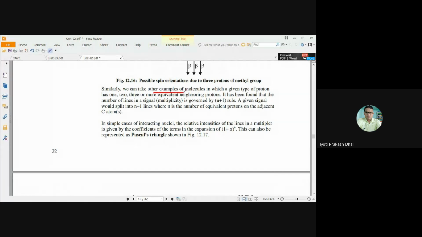Similarly, we can take other examples of molecules in which the given type of proton has one or two or three or more equivalent neighboring protons. It has been found that the number of lines in a signal is governed by the n plus 1 rule. That is, a given signal would split into n plus 1 lines, where n is the number of equivalent protons on the adjacent carbon atoms.